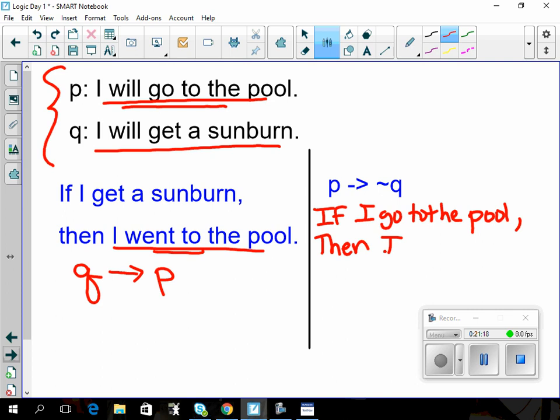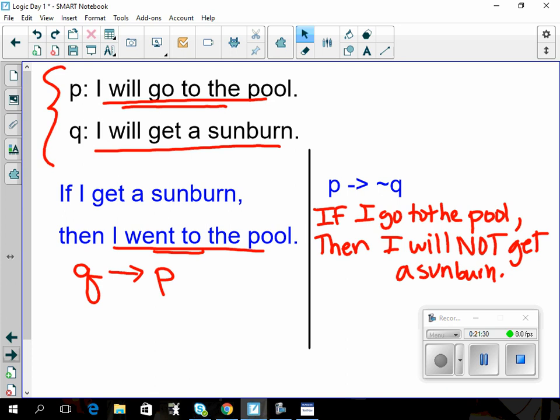So then I will not get a sunburn, because I went on a rainy day, or my mom is crazy and makes you put SPF 80 on and a hat and 5 layers of clothes and a towel.